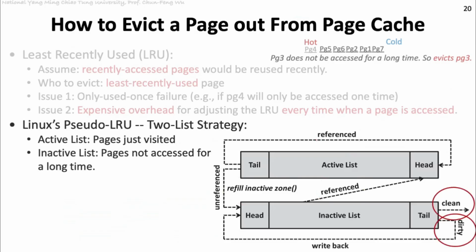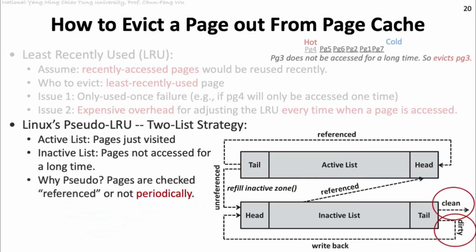I think the reason it is called pseudo is because pages are checked for reference periodically. So what do I mean by periodically? In the two-list strategy, for each access, the CPU will not really go to the list to find where the data is. If you still remember, when we are going to access each page, we need to walk the page table, right?